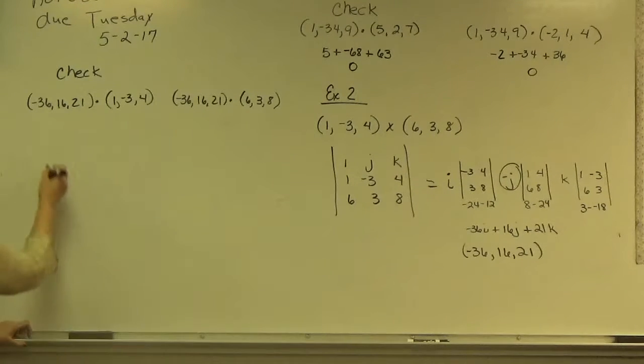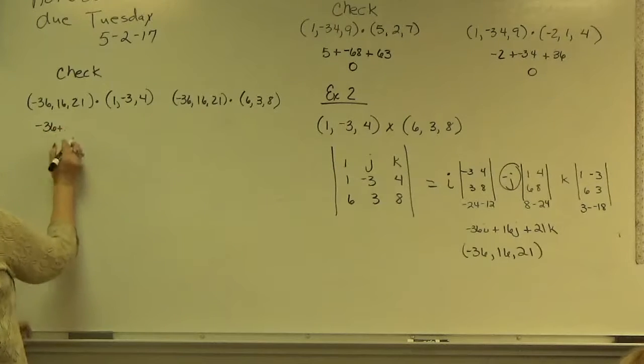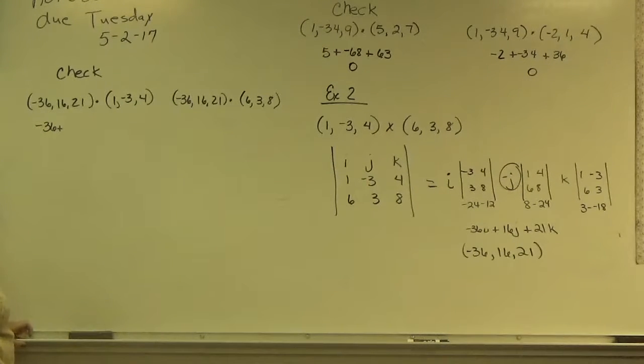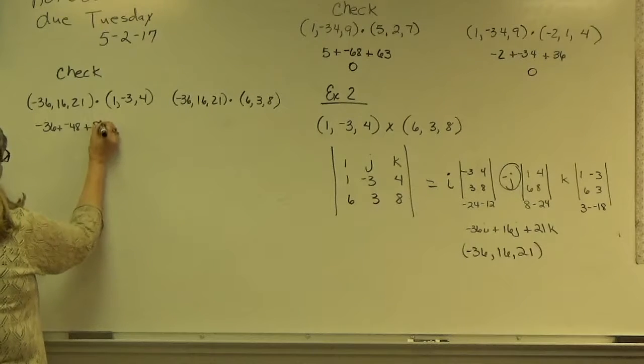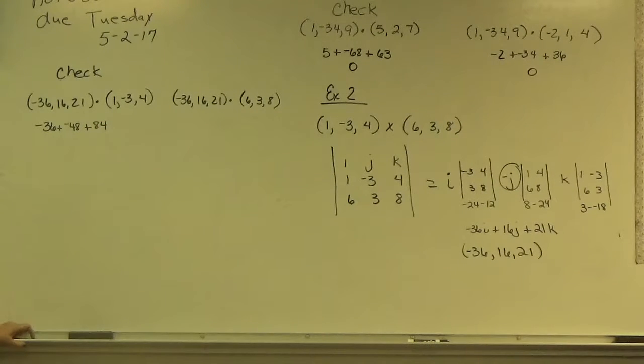Negative 36. Negative 48. And then 84. And then check, see what that adds up to be. And you add them together. So negative 36, negative 48, and 84 adds up to be 0. So we're good so far.